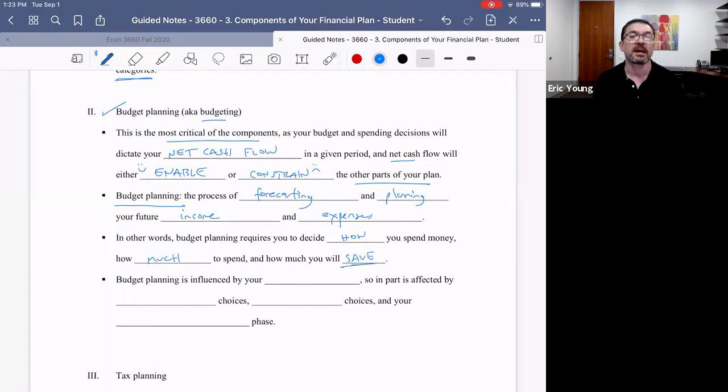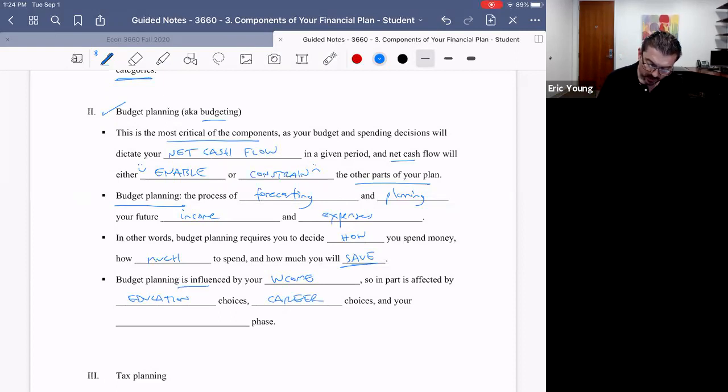Note that budget planning is critical. It also evolves over time in the sense that your budget is influenced by different things, including your income. So in part, your budget plans and your ongoing budgeting will be affected by your education choices. They'll be affected by your career choices.